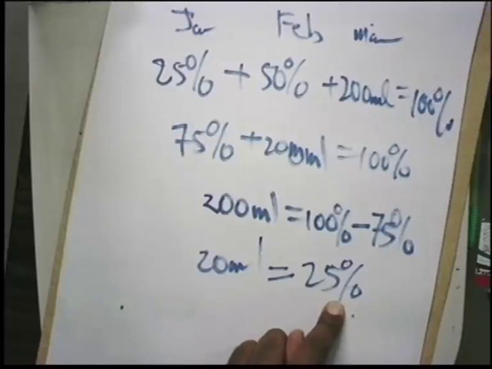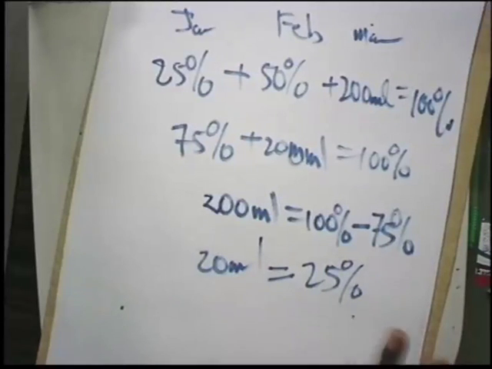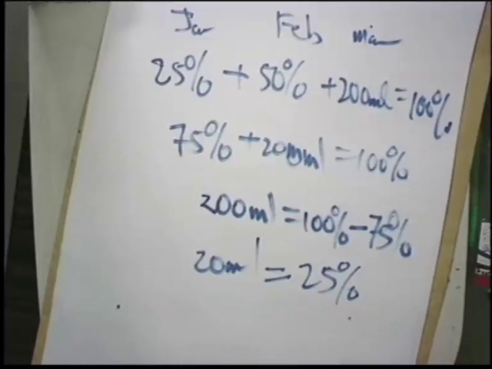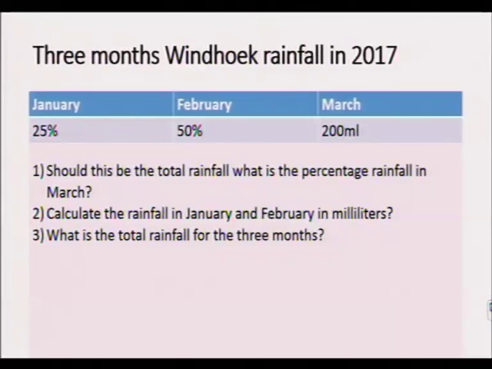Meaning that January was 25, February was 50, March was 25, and that gives you 100% for the 3 months. Now, number 2 is saying calculate the rainfall in January and February in milliliters. For me to calculate the rainfall in milliliters, I have percentages there. The January one was 25%.